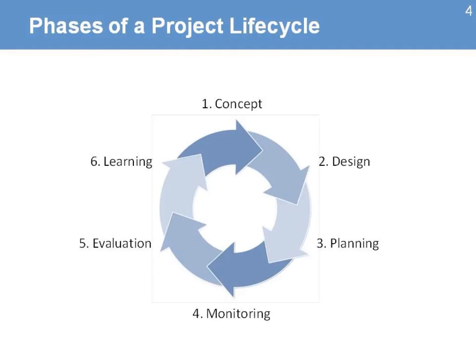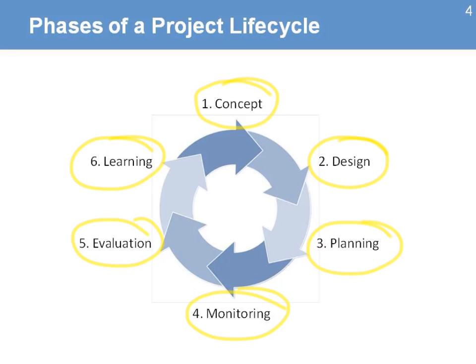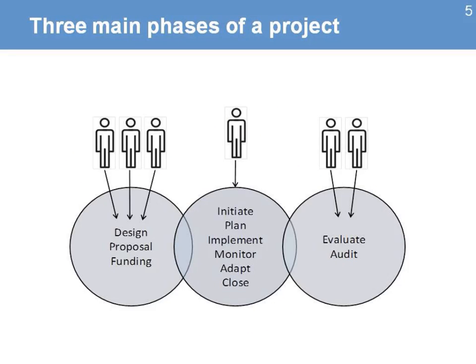Within that cycle, we identify these other elements. There is the concept or idea, the design, the planning, the monitoring, evaluation, and learning. That is what most of the project life cycles related to development projects look like. And one thing that we know is that those three main phases of the project are usually managed by different groups of people.